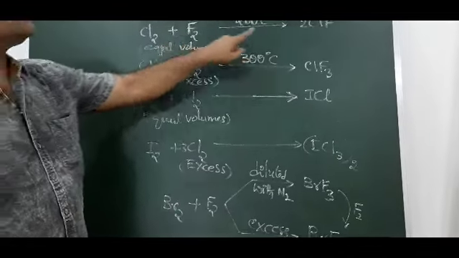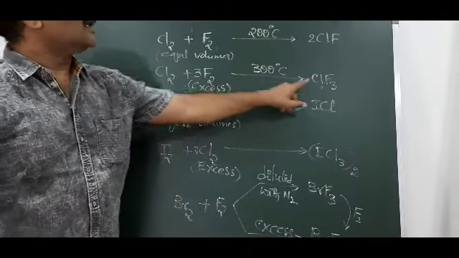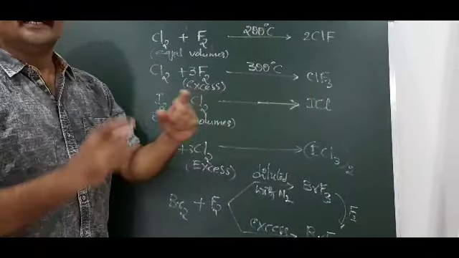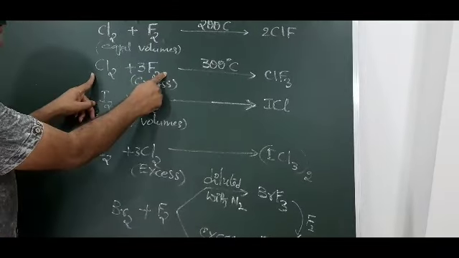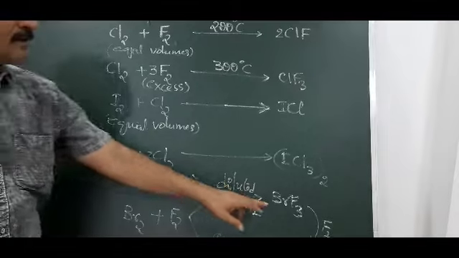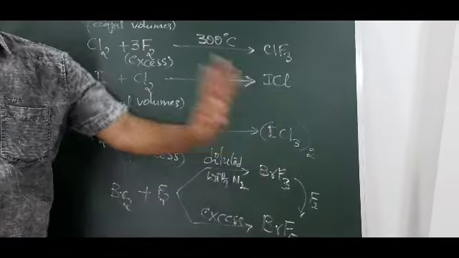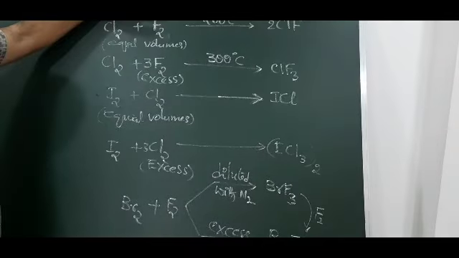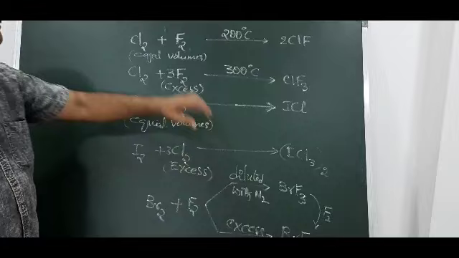Chlorine plus fluorine gives an interhalogen; depending on the conditions, an interhalogen is formed. An interhalogen compound is formed by the direct combination of two halogens, or one halogen directly combines with another interhalogen compound. So students have to apply memory-based work on this.